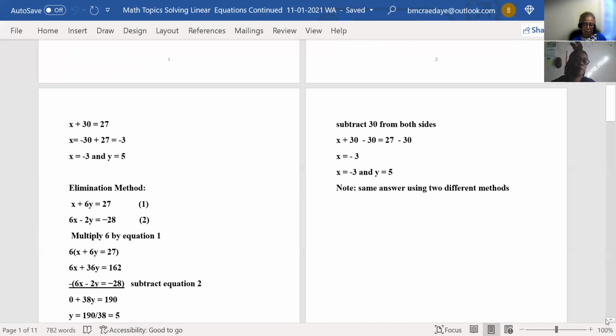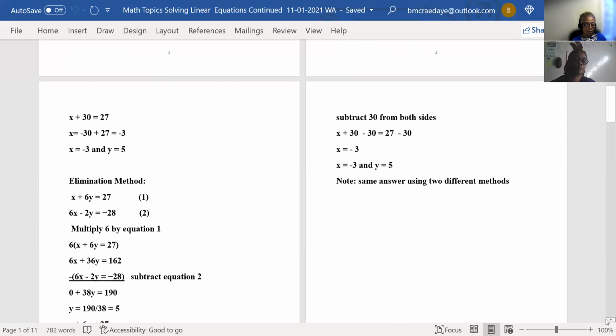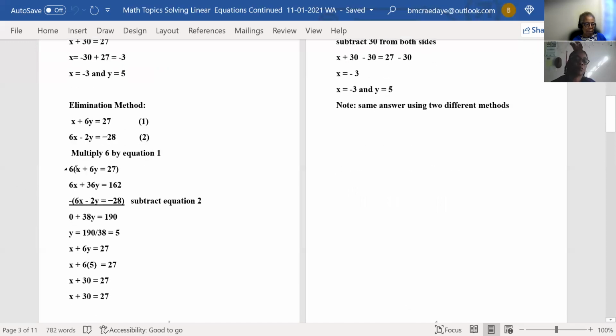So when we multiply that out, what do we get? 6 times x is 6x. 6 times 6y is 36y. 6 times 27 is 162. Now we subtract.